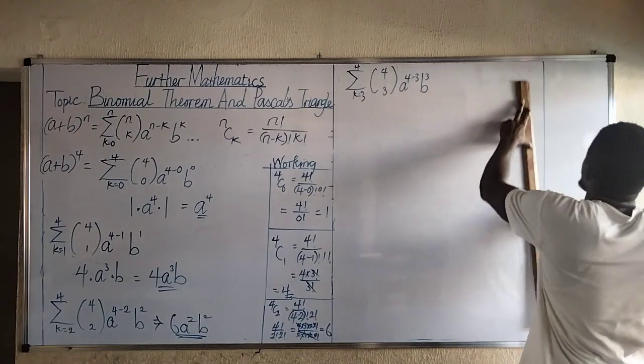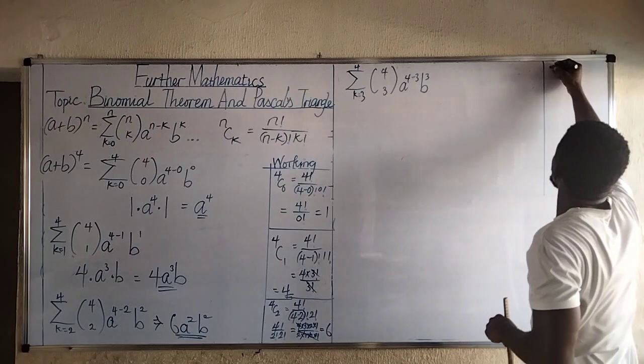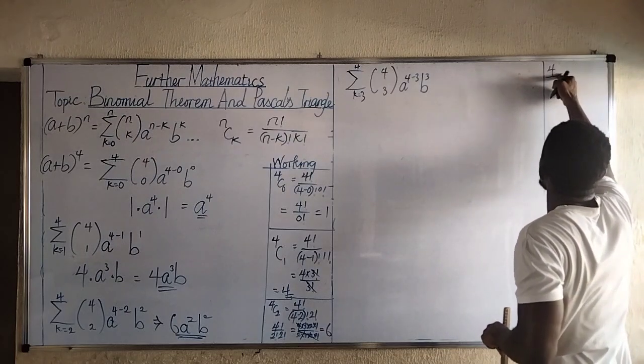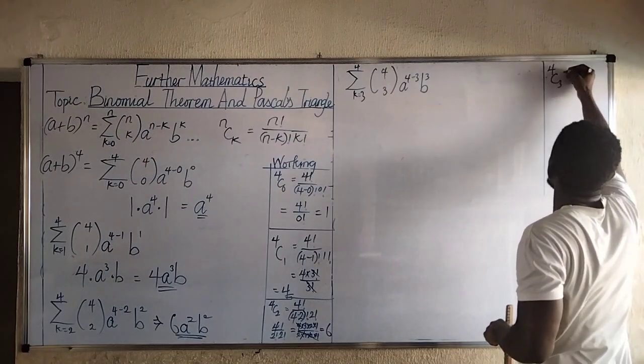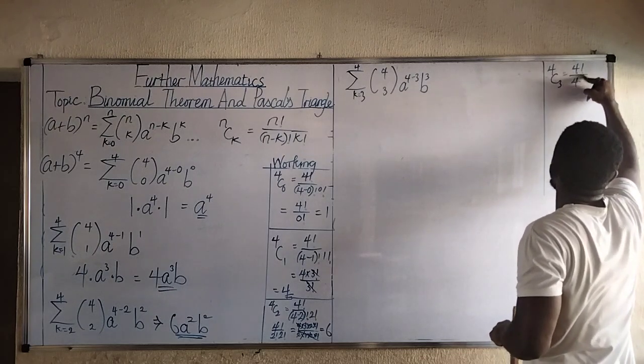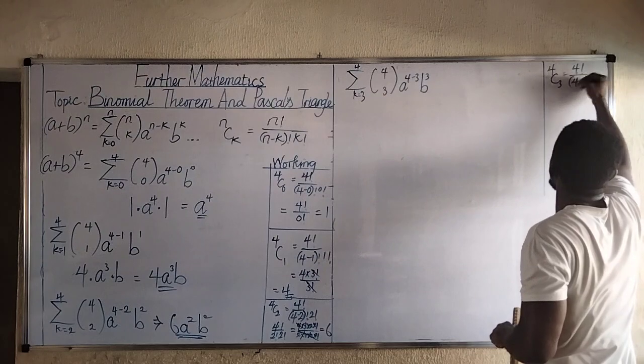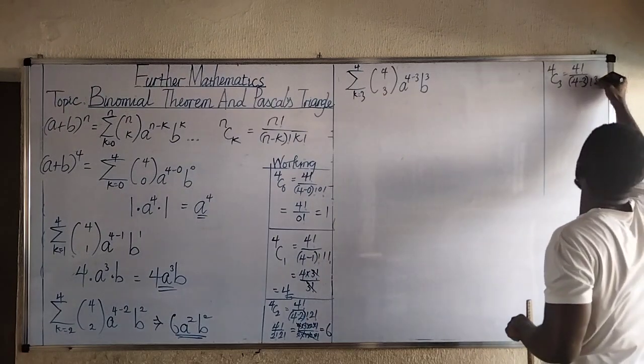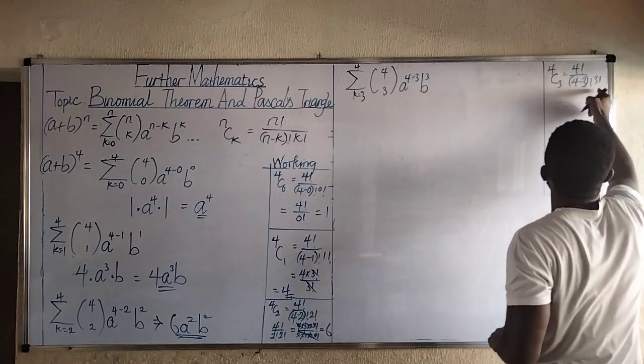Okay, we can also come here and put out the workings. So when we do that, I'm going to have 4 combination 3 will be 4 factorial over (4 minus 3) all in factorial, okay, times 3 factorial. So this will give me 4 minus 3 is 1.